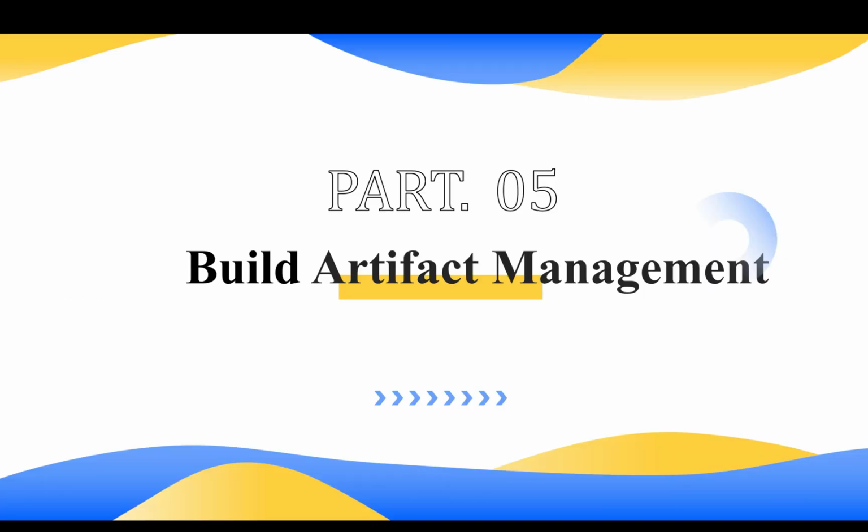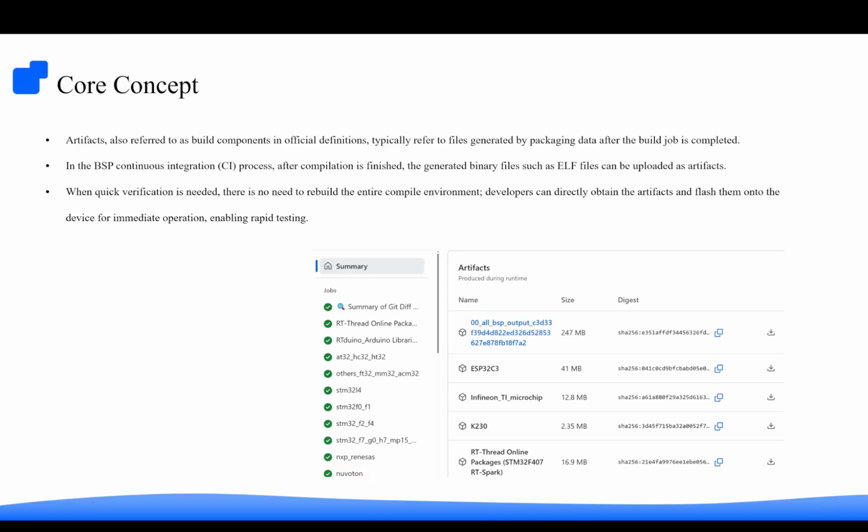In continuous integration, the files generated after the build is completed are usually called build artifacts, or simply artifacts. These are the packaged data files output from the build process. In our BSP CI process, we can upload the generated build artifacts after the compilation is successfully completed.